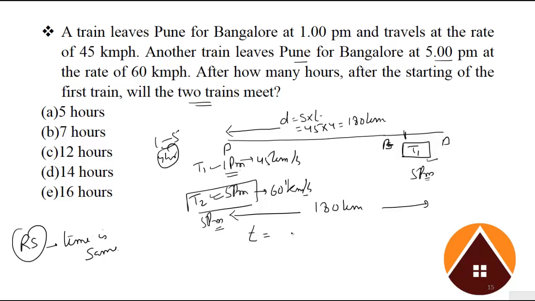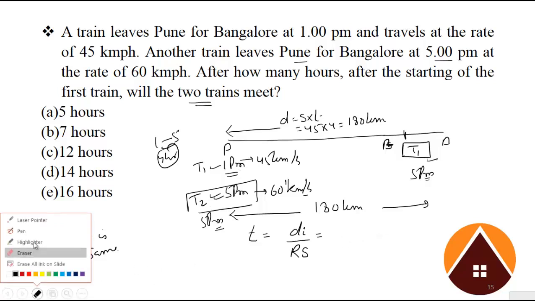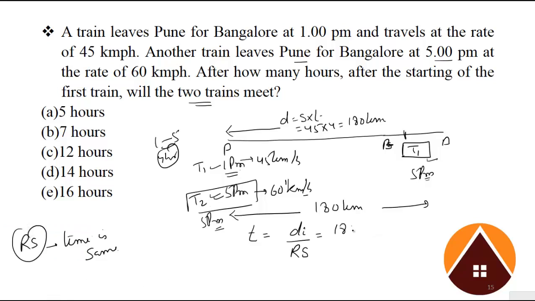I can directly write the initial gap between the two divided by the relative speed. What is the initial gap between the two? 45 into 4, which is 180. Okay, let me just write 180 here, divided by the relative speed. Sorry, this one is 60 and this particular speed is 45 km per hour.